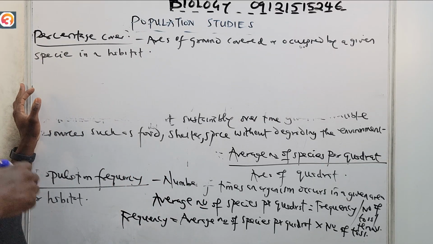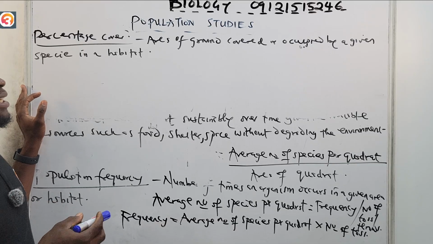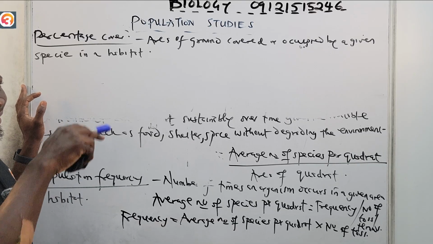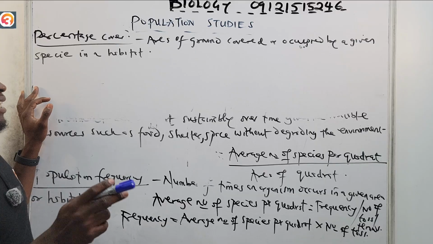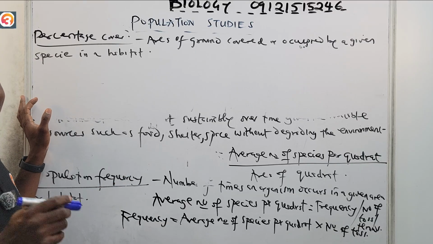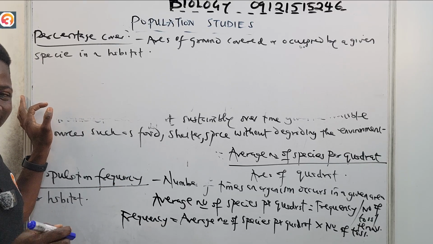That's what we call percentage cover. The area of ground covered or occupied by a given species in a habitat is what we call percentage cover.